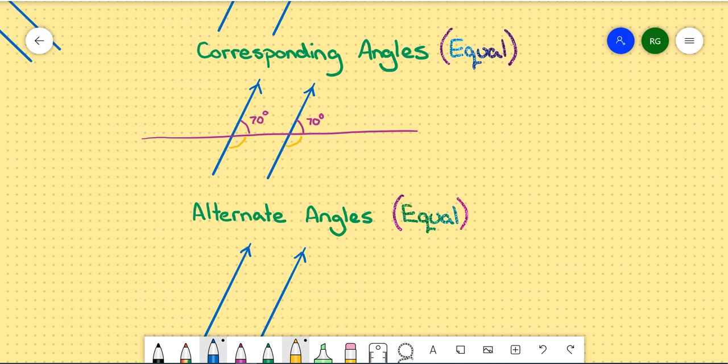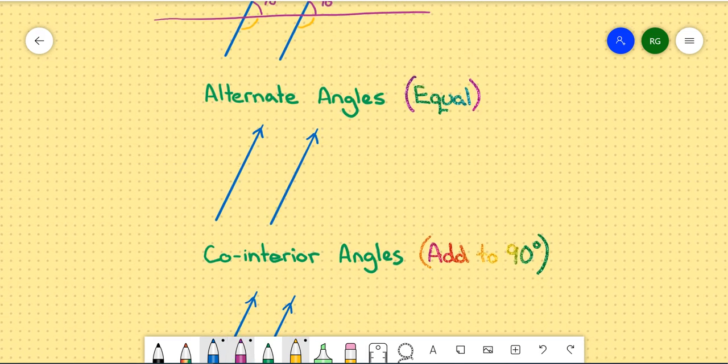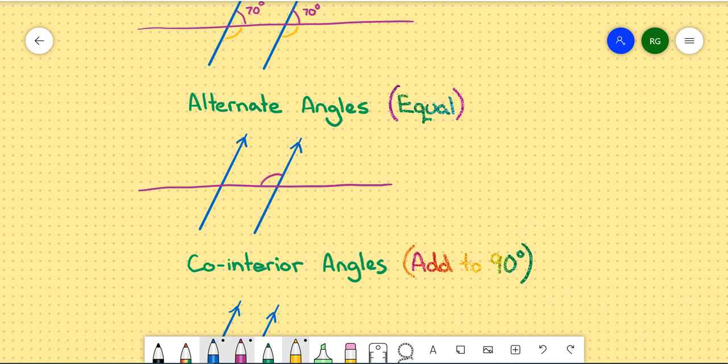So, corresponding angles. The next one is alternate angles. Again, I'm going to put my transversal line, and this time, alternate angles are these ones. This angle matches this angle. One way you can sort of remember is it kind of makes a Z. That's one way I've been taught.